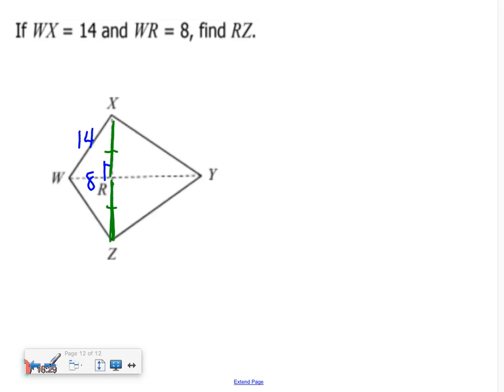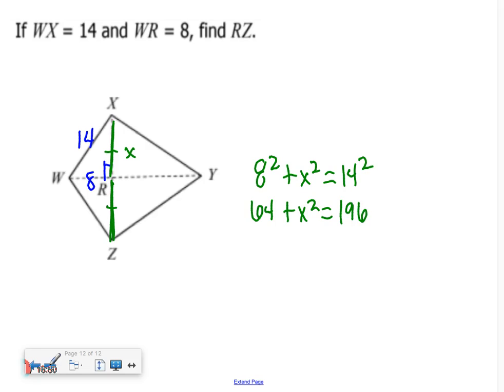Pythagorean theorem. What do we get? The square root of 132. 11.48, so 11.5-ish.